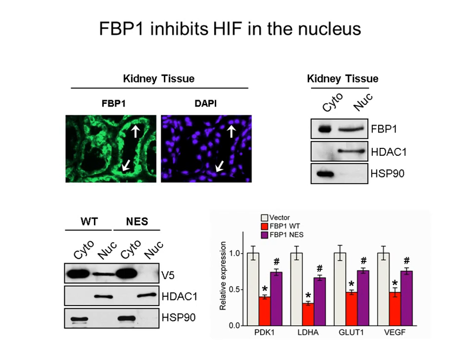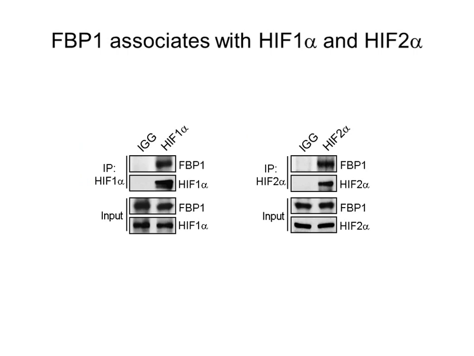So FBP1 is actually opposing HIF transcriptional activity. If we now tag FBP1 with the potent nuclear export sequence shown over in the left-hand side, so there's no longer FBP1 available in the nucleus, the ability of FBP1 to attenuate HIF activity is significantly lost. So the take-home message is that FBP1 is found in the nucleus and can actually oppose HIF transcriptional activity.